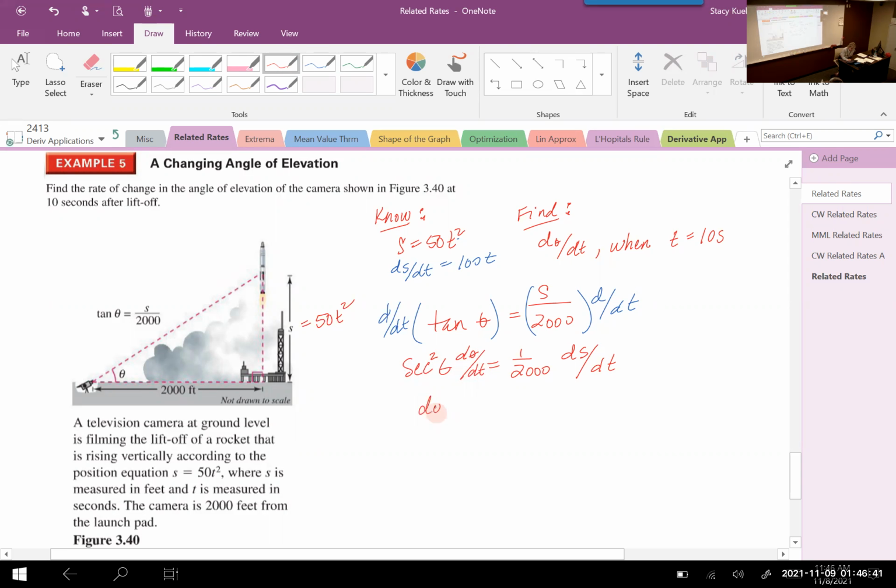So d theta dt would be 1 over 2000 times, let's substitute in for ds dt, that's going to be 100t, and 1 over secant squared theta if I move secant squared theta to the right.